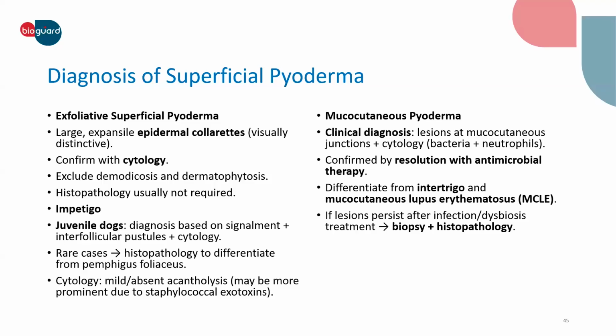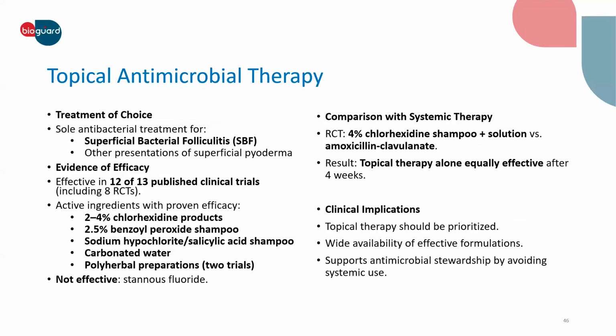Differentiating it from intertrigo and mucocutaneous lupus erythematosus is important for this pyoderma. If the lesion persists after treatment, then biopsy and histopathology may be required for more advanced diagnosis.